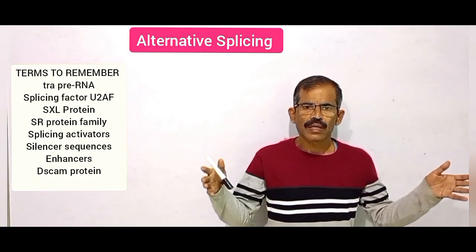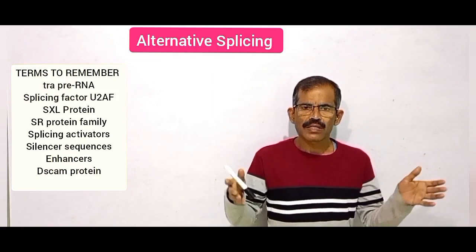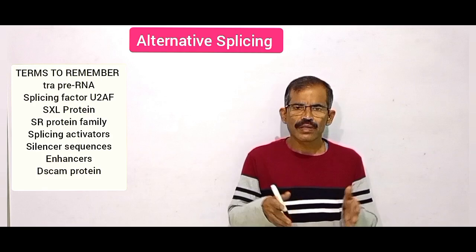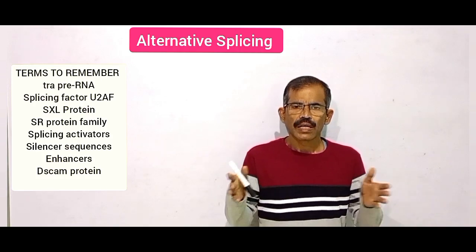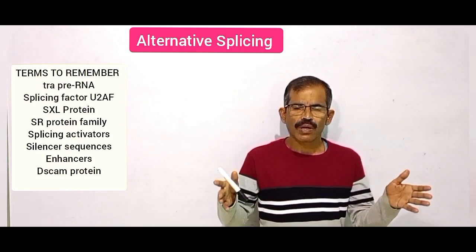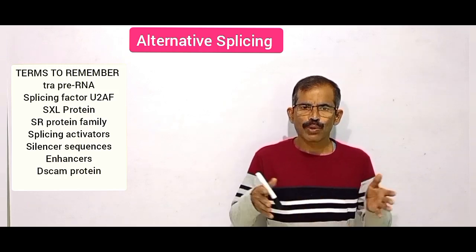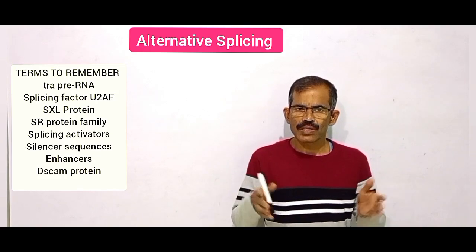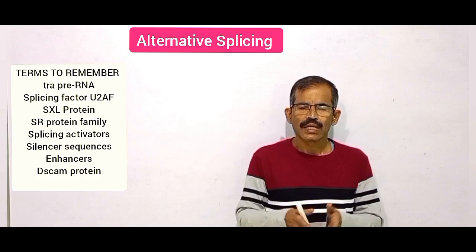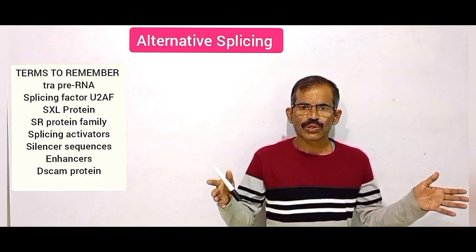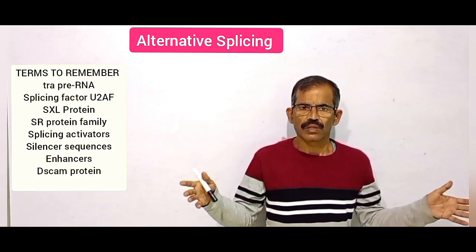Because the pattern of alternative splicing varies in different tissues and in response to extracellular signals, this process provides an important mechanism for the tissue-specific and developmental regulation of gene expression.